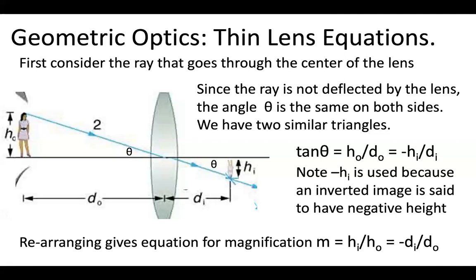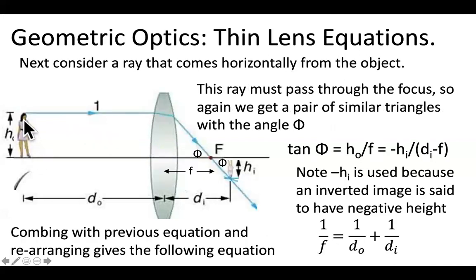We can get that by considering the other ray, the ray that leaves this object on a horizontal line and gets bent down. Now this ray, since it was horizontal, gets bent by the lens and passes through the focal point. That's the definition of the focal point. And then it keeps going straight until it hits the image.